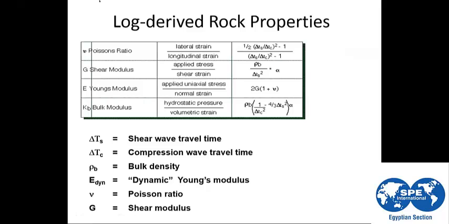So first of all, you should calculate Poisson's ratio from this equation, using the shear wave travel time and the compressional wave travel time.